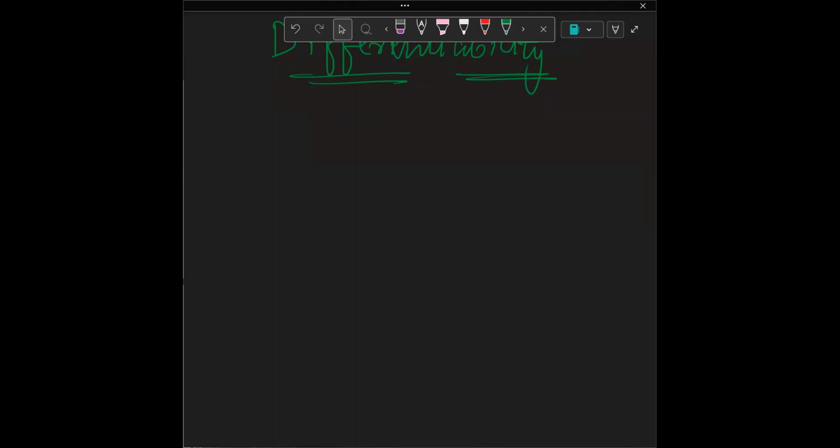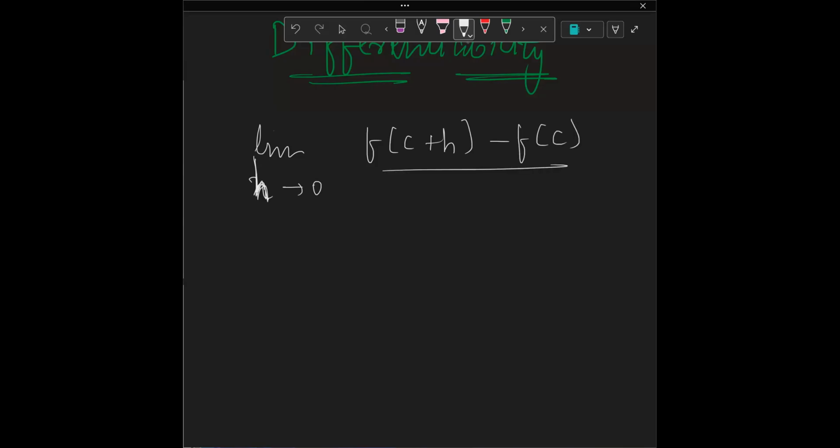First principle, yeah. So when you have to differentiate by using first principle, I'm not going to the theoretical part as much. आप first principle से इसको ऐसे differentiate करोगे, like your differentiation is limit h tending to 0, and you have f(c+h) minus f(c) over denominator h. यहाँ पे आपका function जो है that is in c.